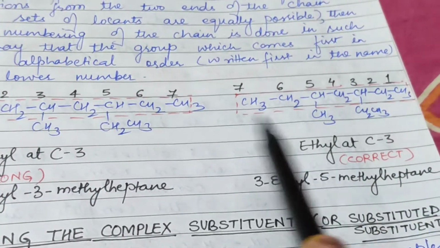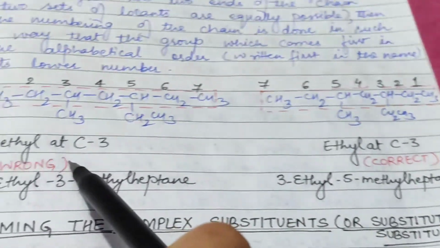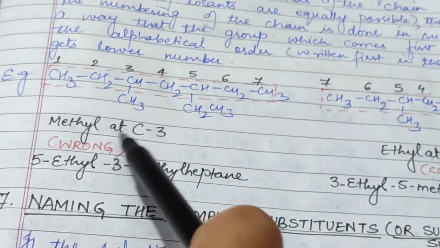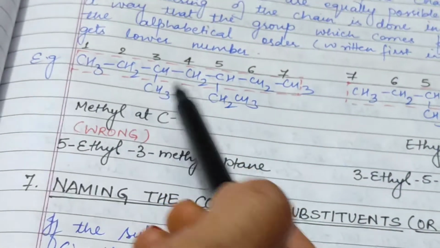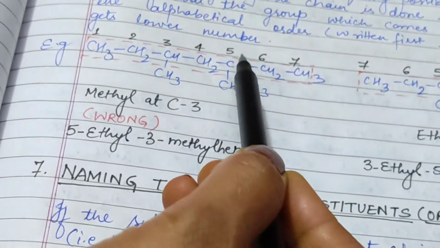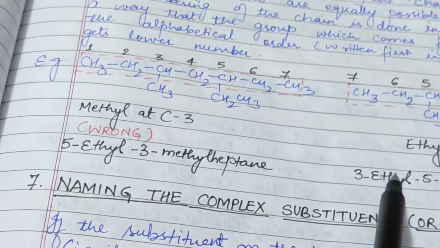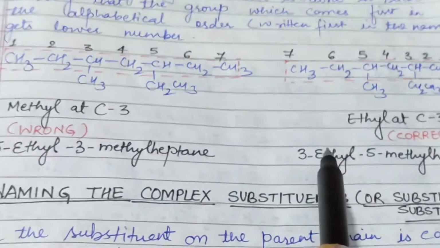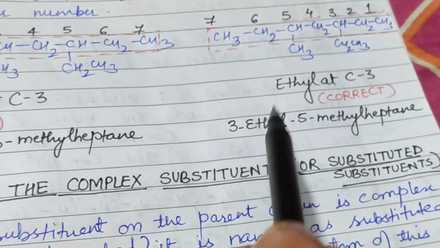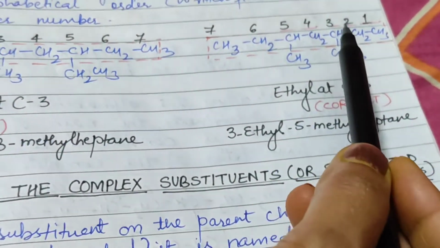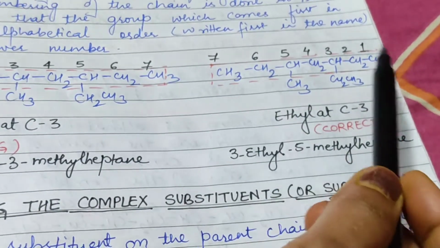In this compound you could see this is the wrong name, because methyl is at carbon 3rd and ethyl is at carbon 5th. So we have to give the alphabetical order, and we also have to see the lowest locant in the chain we have selected.